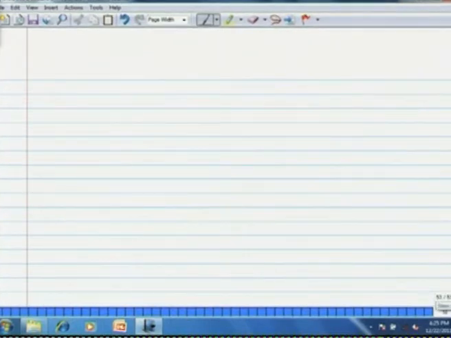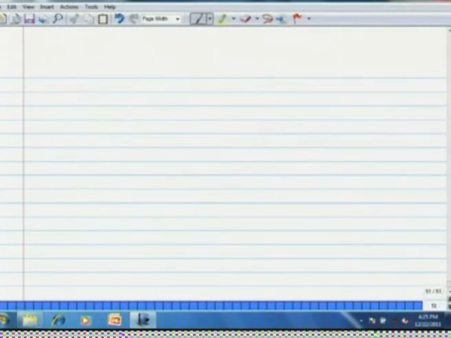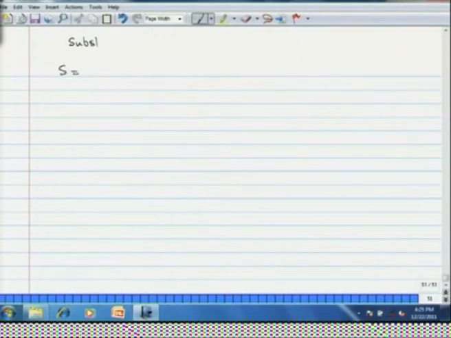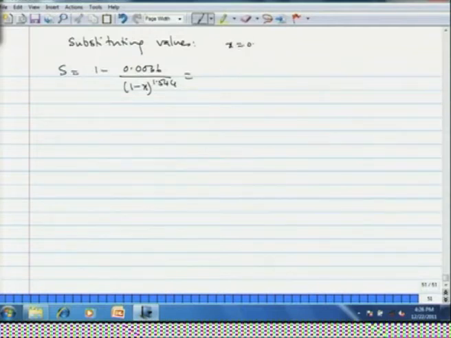We substitute the values in these expressions. The selectivity S is 1 minus 0.0036 divided by 1 minus x raised to 1.544. Now if you substitute x is equal to 0.75, that is the per pass conversion, then we get S is equal to 0.9694.